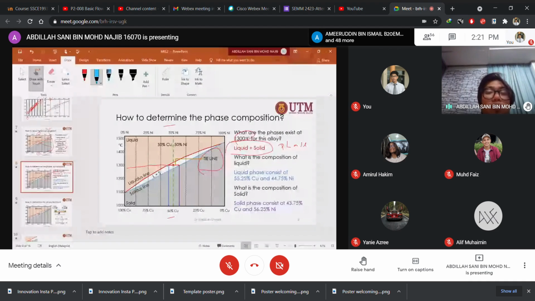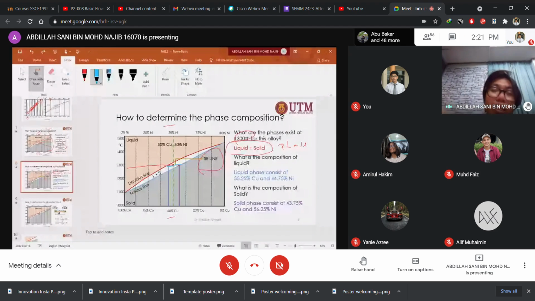I just want to emphasize this red arrow. You just draw the line, and the points where it touches the liquidus line and the solidus line are the important points.